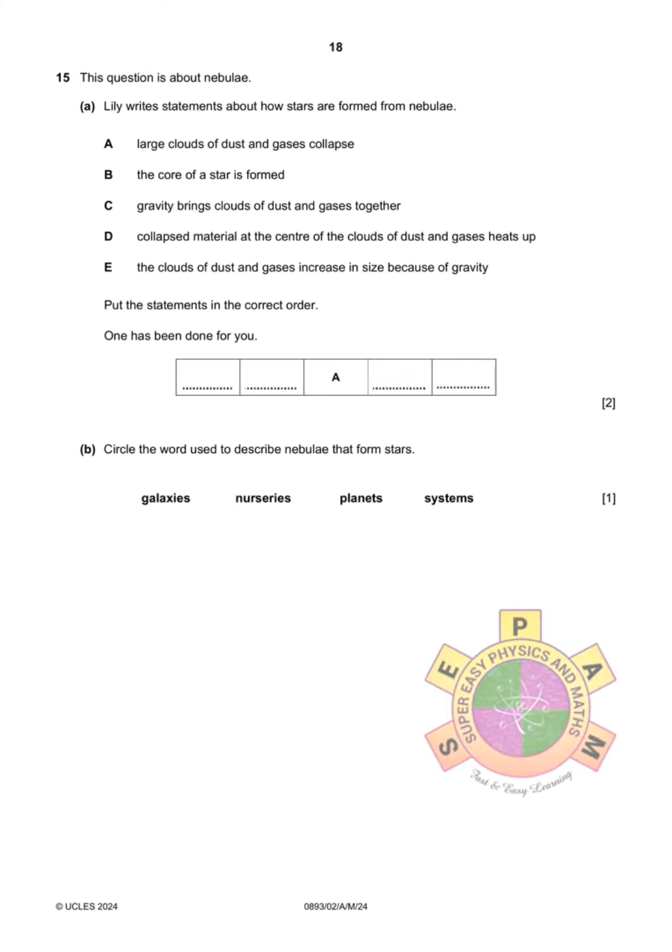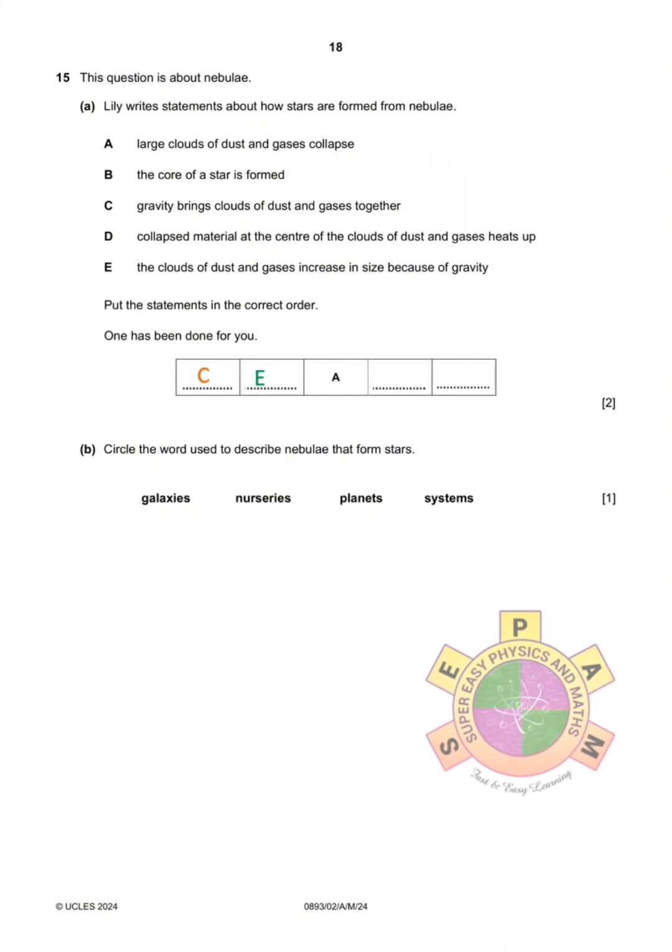So one has been taken. A large cloud of dust and gas collapses. But before you get to that point, what is the first one? Gravity brings the cloud of dust and gas together. So C, that is the first one. Then after that, the cloud of dust and gas increases in size because of gravity.